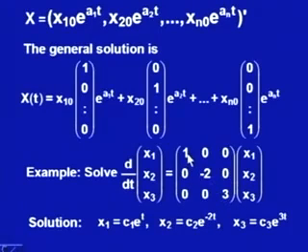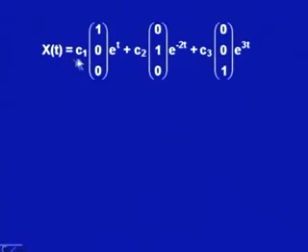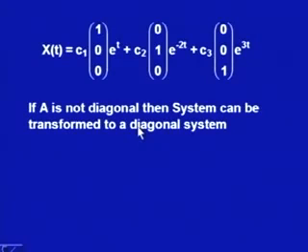This has diagonals 1, minus 2 and 3, and that makes x1 equal to c1 e^t, x2 equal to c2 e^(-2t) and x3 equal to c3 e^(3t). That means x(t) is equal to c1 times the column vector (1, 0, 0) e^t plus c2 times the column vector (0, 1, 0) e^(-2t) plus c3 times (0, 0, 1) e^(3t). So, we have obtained the general solution.